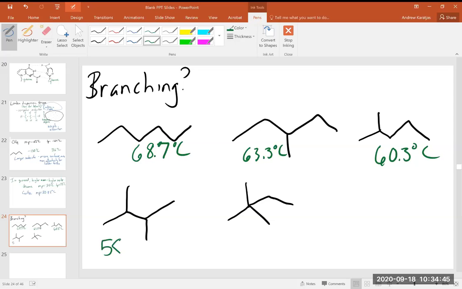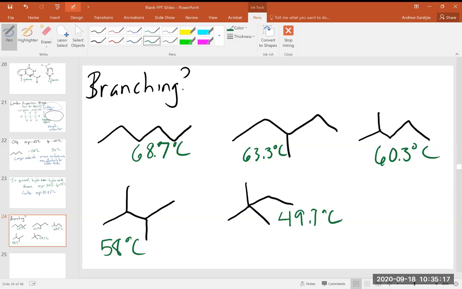The more branching, the worse the packing of these molecules. And again, the lower the boiling point. So that's the first thing we want to consider with intermolecular forces. And we're going to come back to this with each functional group.